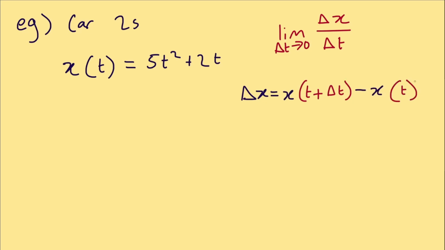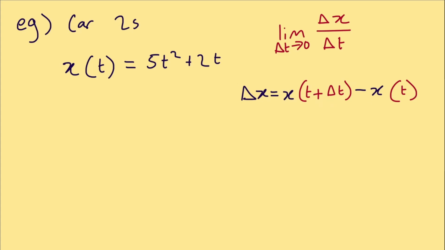What does this mean? Now this is taken from the derivative definition, but don't worry if you don't know derivatives. So here delta t is our super small time interval that we're using. So this equation reads as x at time t plus a super small time interval, subtracted by x(t).